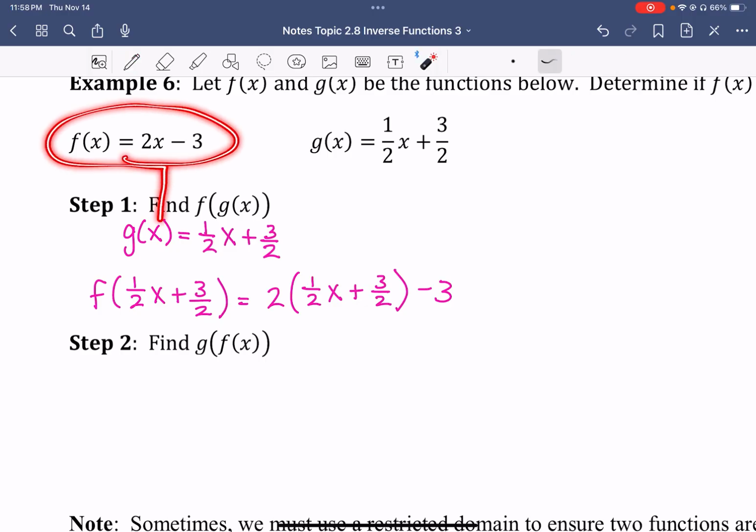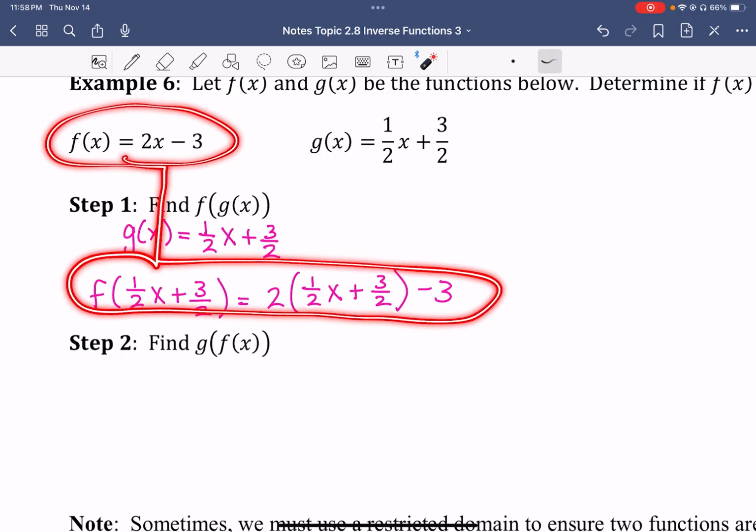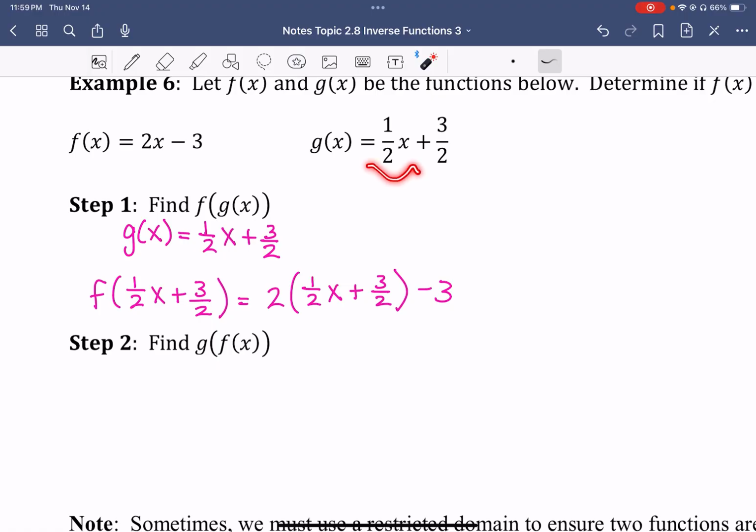So notice that, again, these are the same exact equation, just that this was f of x equals 2x minus 3, right? The only thing is that our new x is the entire equation of g. So this is what's going in the parentheses, 1/2 x plus 3 over 2, okay? Now at this step, you would distribute the 2 into here.